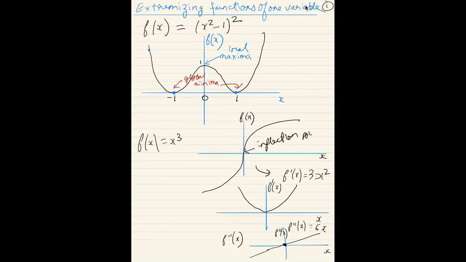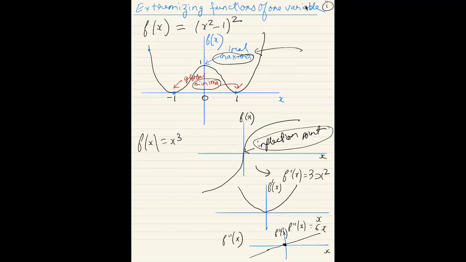This is a point where the slope becomes 0, and we will define an inflection point more carefully. So the general question is, how do we find local minima, or sorry, maxima? It doesn't have to be local or global. A given minima, a given maxima, or a given inflection point.